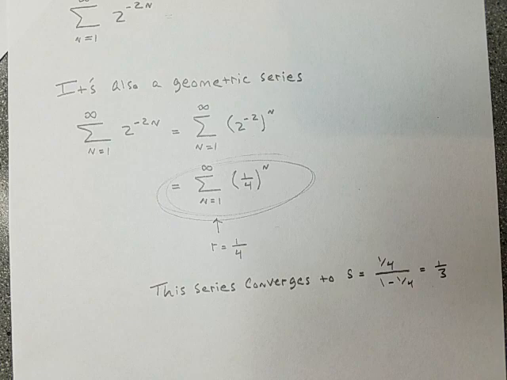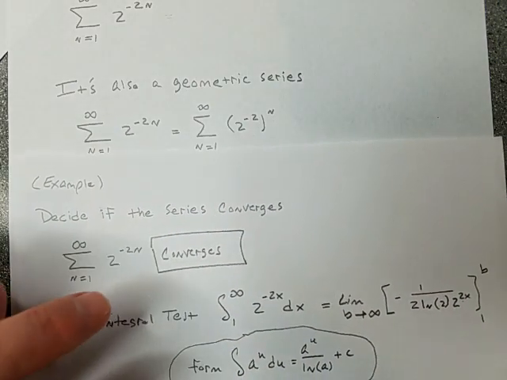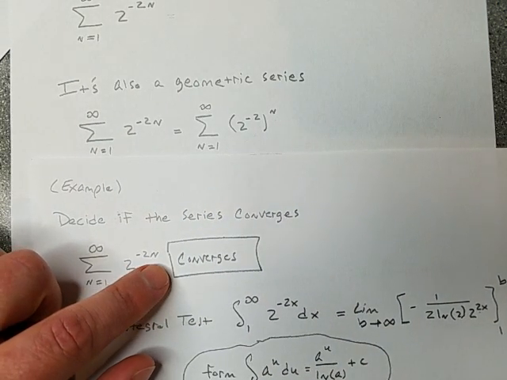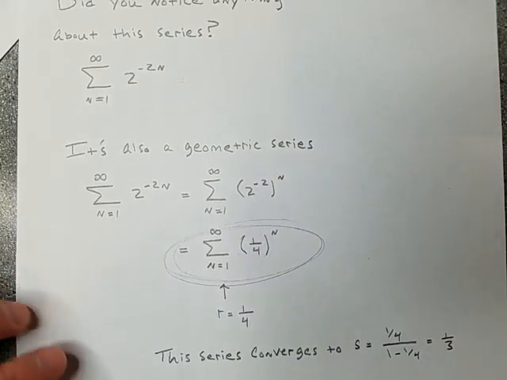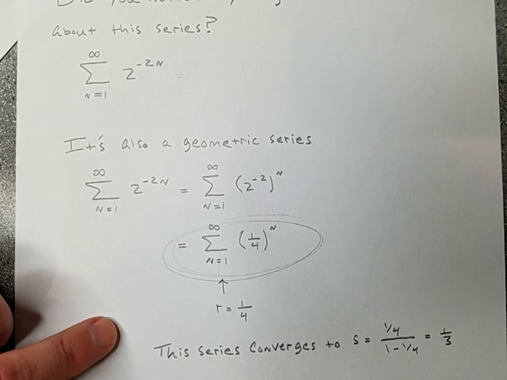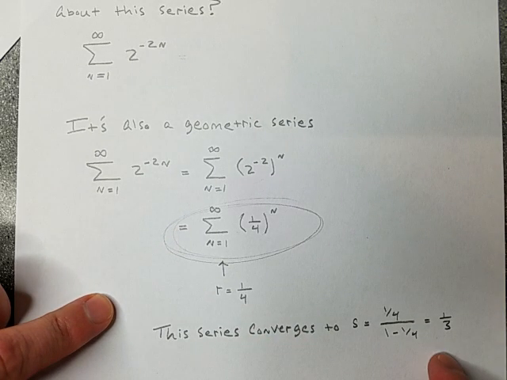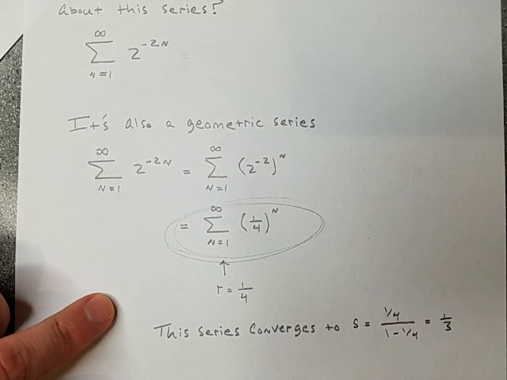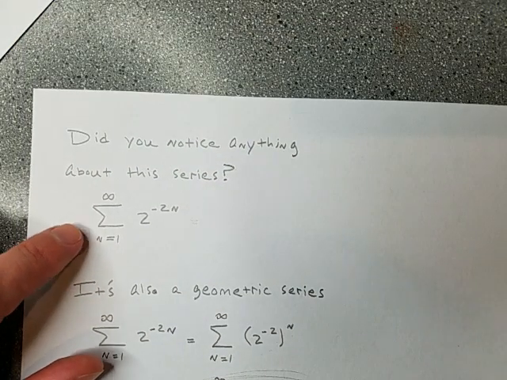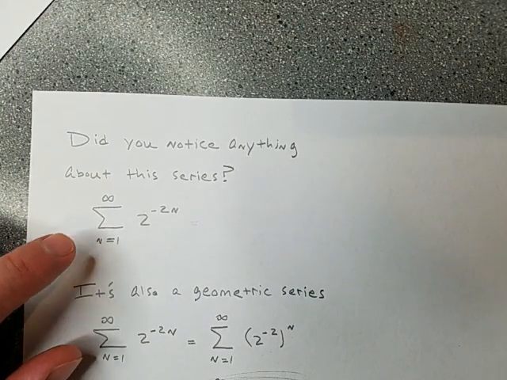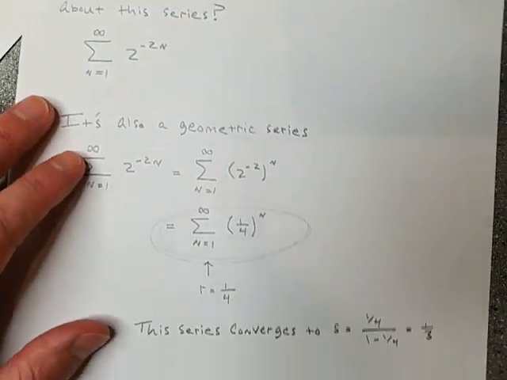So when we used the integral test, it only told us that it converged. It didn't tell us what it converged to. When I realized that it also happened to be a geometric series, I figured out it converges to a third, okay? What does that mean? It means the more terms of this series you add together, the closer your grand total is going to be to a third.